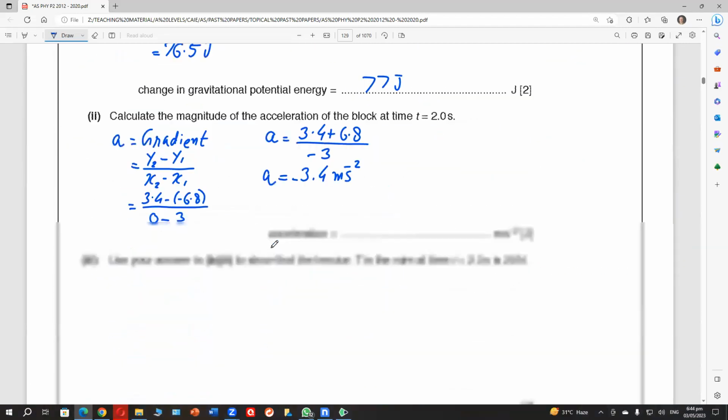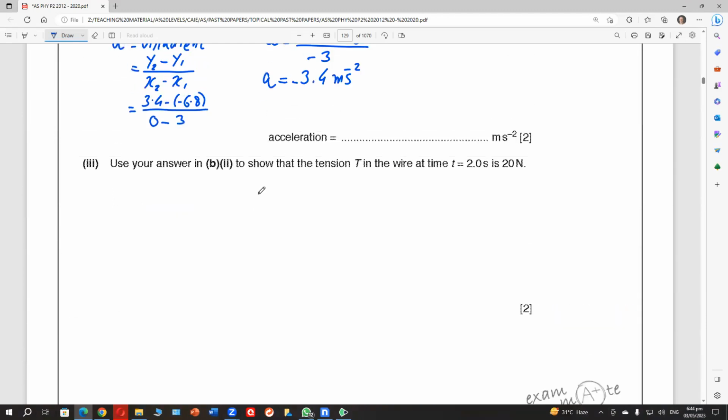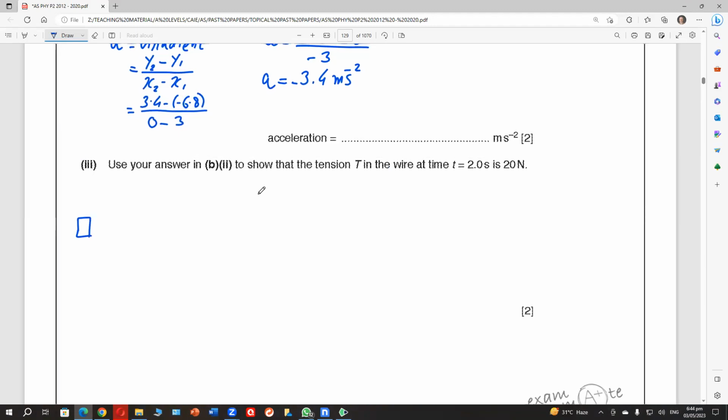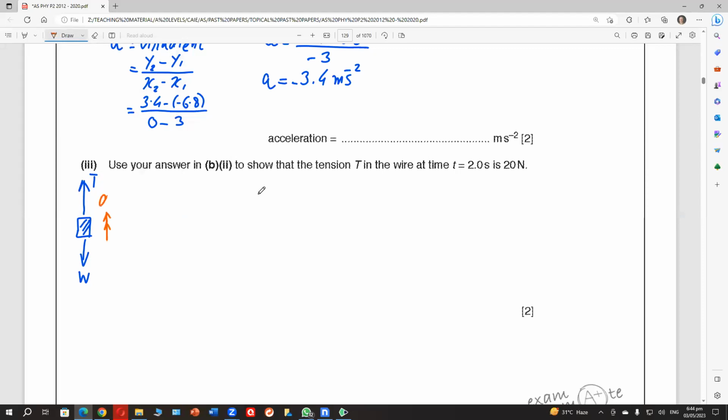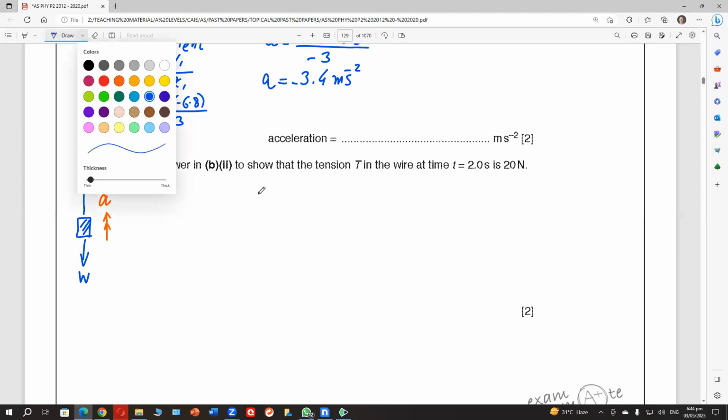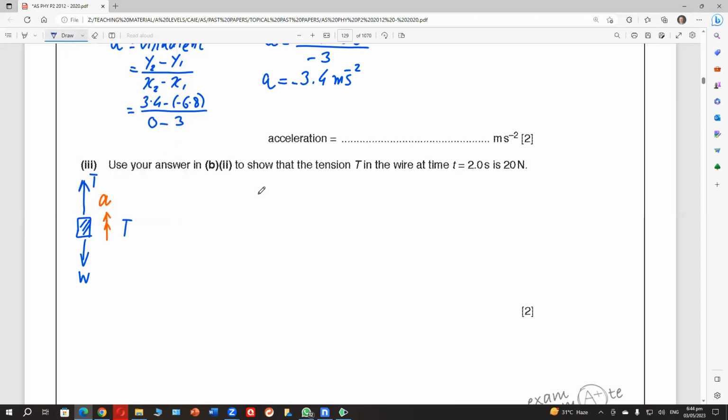When it is going upward, resultant force is always greater force minus smaller force. I have made this working, but I think I have the weight.